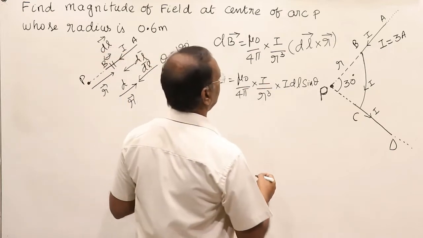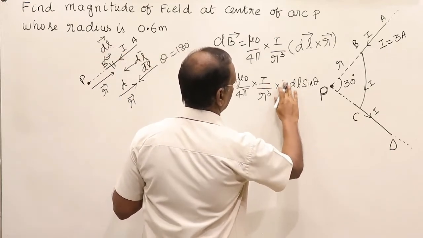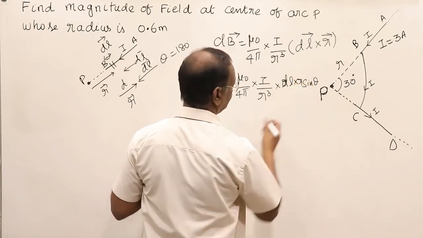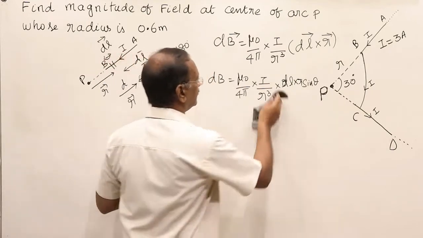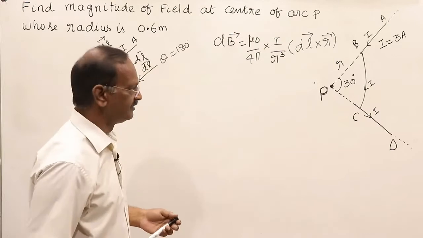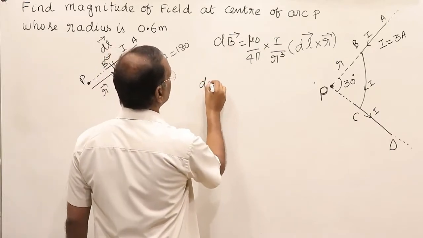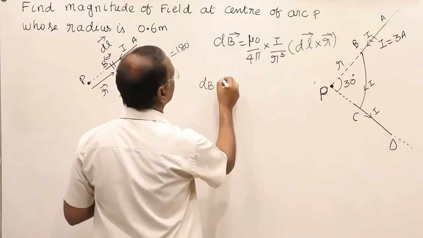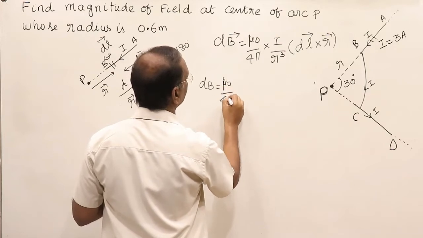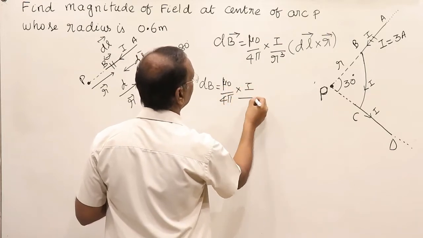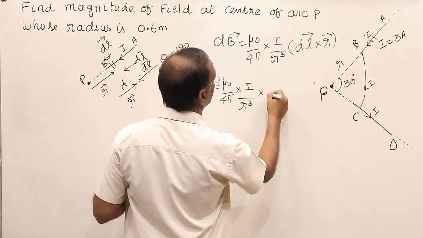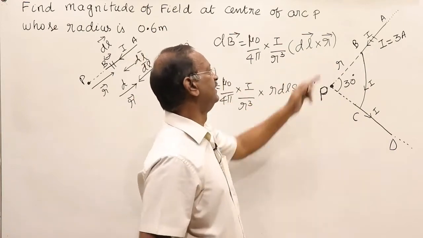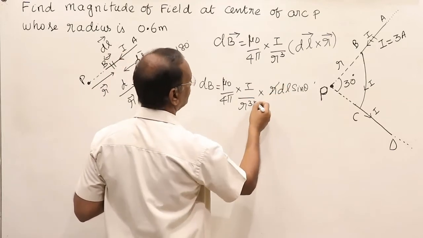So the small amount of magnetic field produced by this current element at this point, in scalar form, is dB equal to mu naught by 4 pi into I divided by R cube into R into dl into sin theta. This is in magnitude form, and on expanding, this gets cancelled.